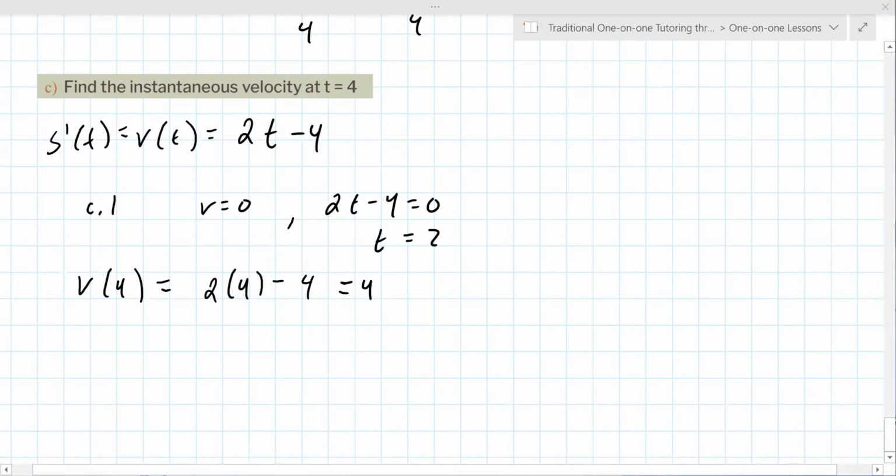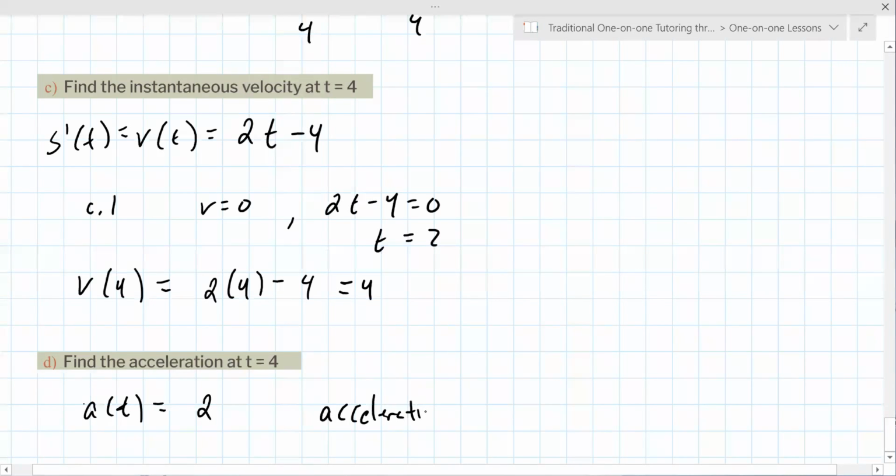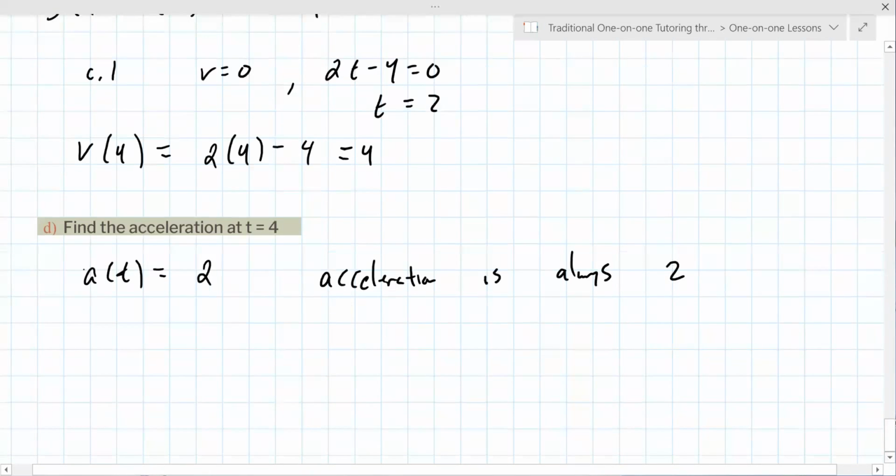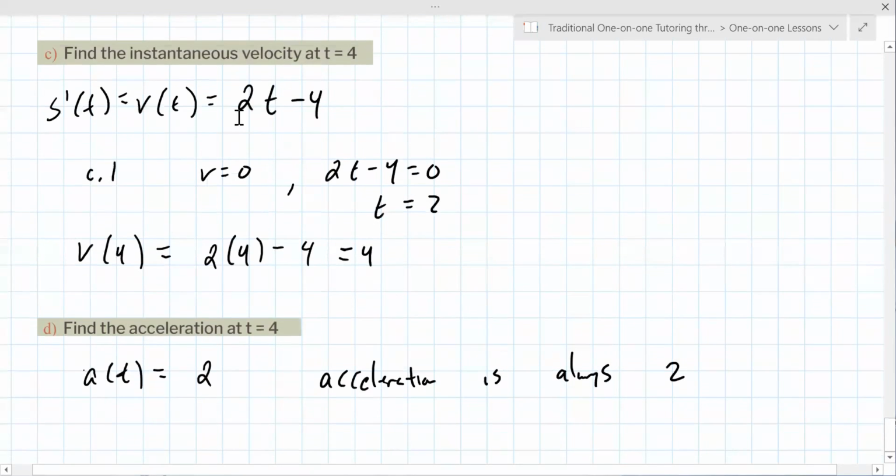So same thing. You're going to find the derivative of the velocity, or the second derivative. So your acceleration of t is just 2. And what that means is acceleration is always 2. Oh wait, how do you know that it's 2? It's the derivative of 2t minus 4.